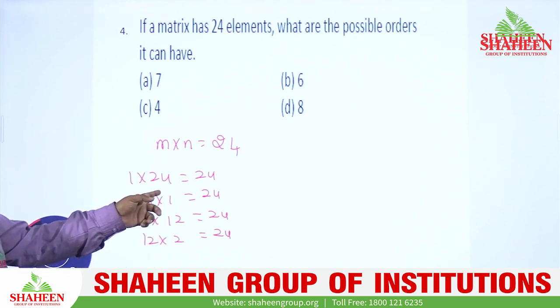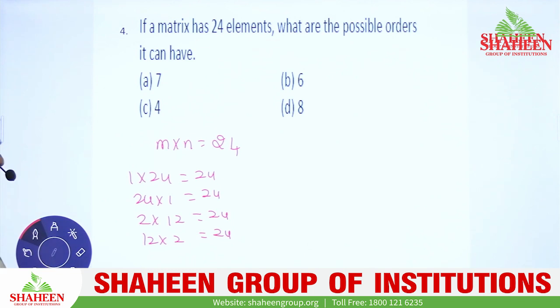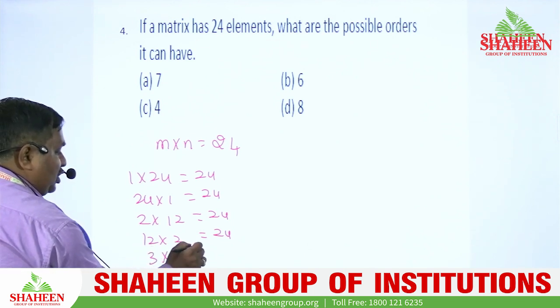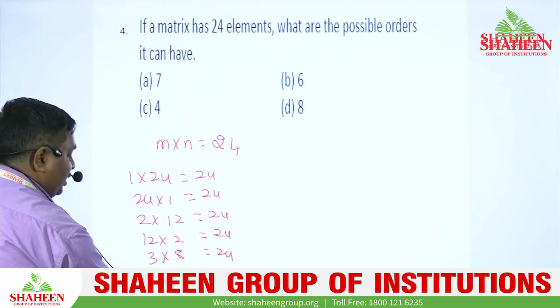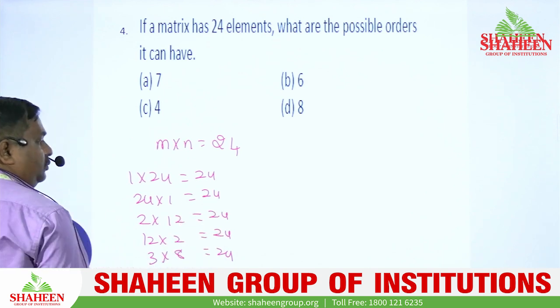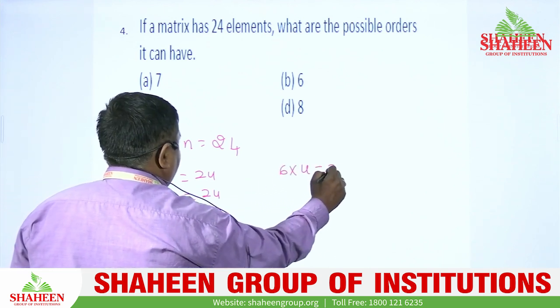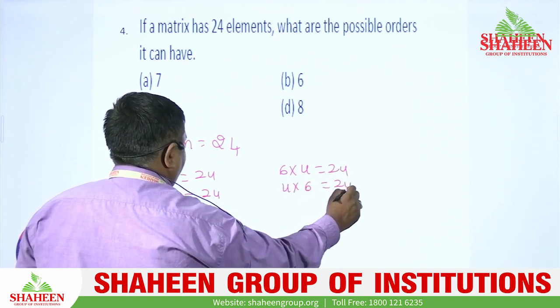So 1 into 24, 24 into 1, 2 into 12, 12 into 2, and 3 into 8 is 24, and 8 into 3 is also 24. And 6 4s are 24, and 4 6 is also 24.